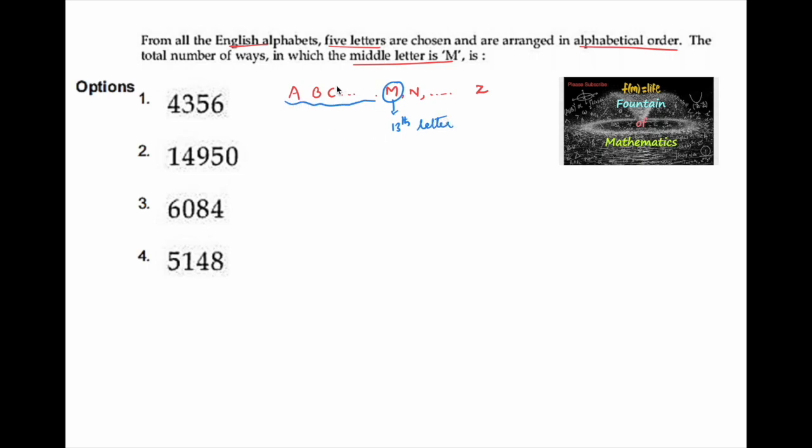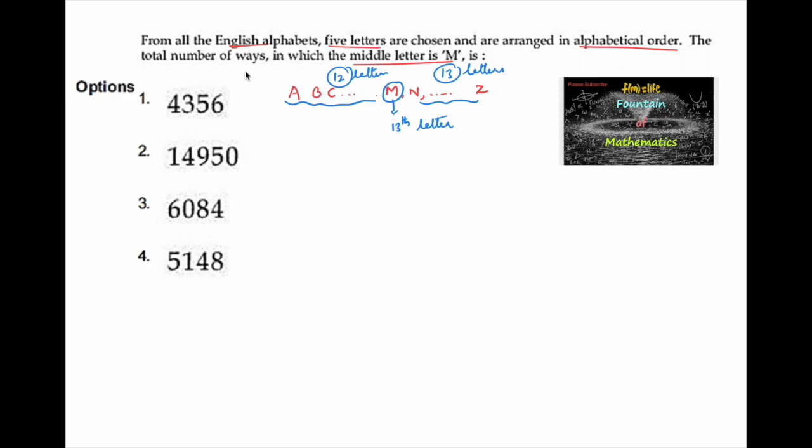Before M there are 12 letters, and after M there will be 13 letters. So total 26 letters are there.